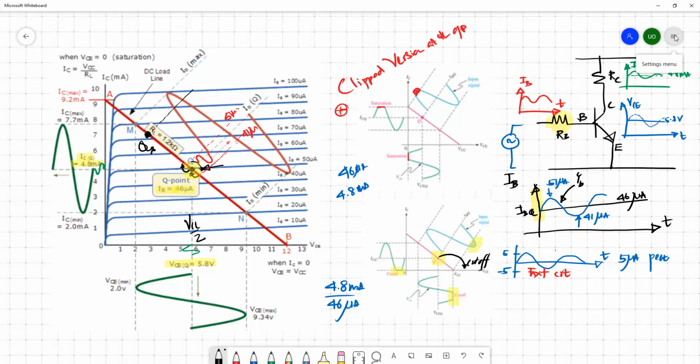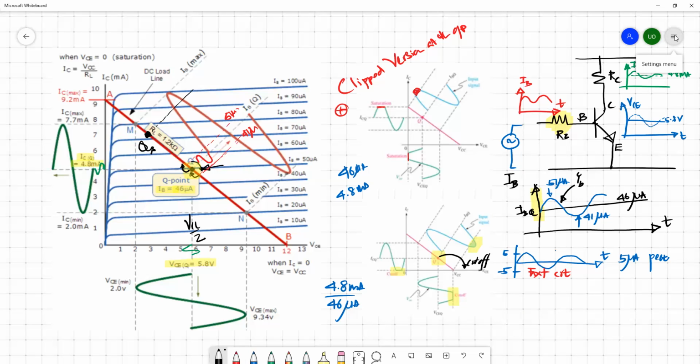So now I believe you have an idea about what biasing actually is, how we can do the biasing, how we get the DC load line, and based on the DC load line how we can select the Q point.